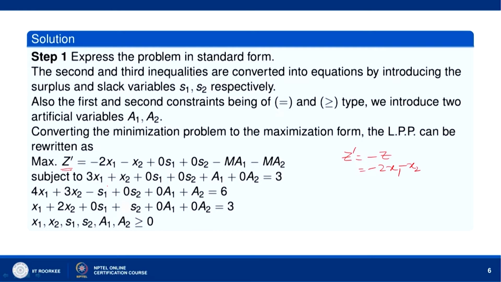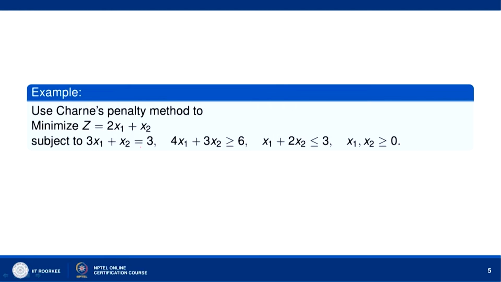The first constraint is of the type equality, 3x1 plus x2 equal to 3. Second is 4x1 plus 3x2 greater than or equal to 6, and third is x1 plus 2x2 less than or equal to 3. Now, the first is of equality type, so we have to add an artificial variable here.